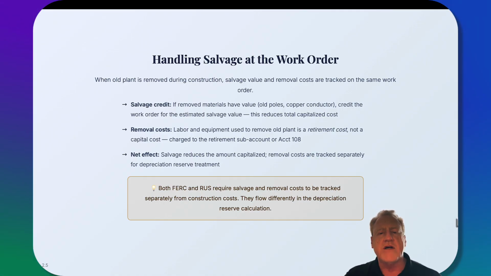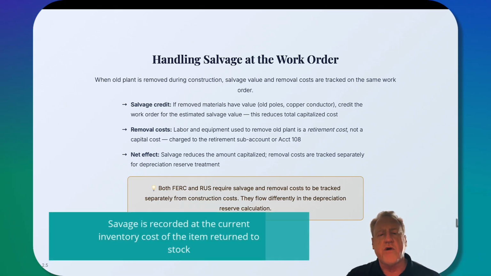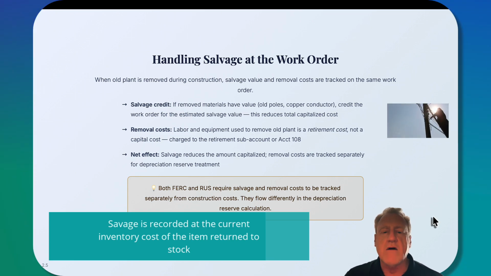And so salvage, if it has any value, and generally we consider the value of salvage of a unit of property to be the current weighted average cost in inventory. So if our inventory says that 45-foot poles are valued at $500, and we take down a 45-foot pole and put it back into inventory, the value of that pole is $500 because we avoided buying another pole.